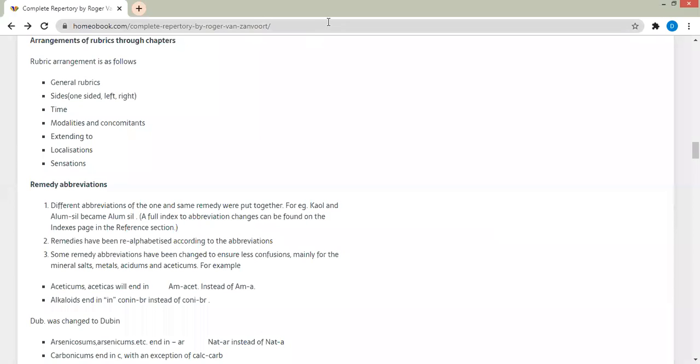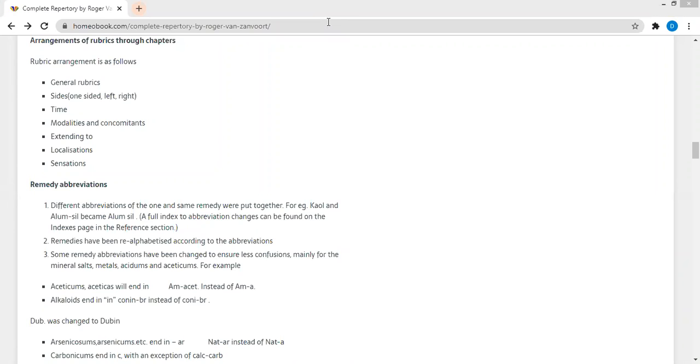As in Kent's repertory, we found the specific arrangement of rubrics, that is side, time, modality and extension.